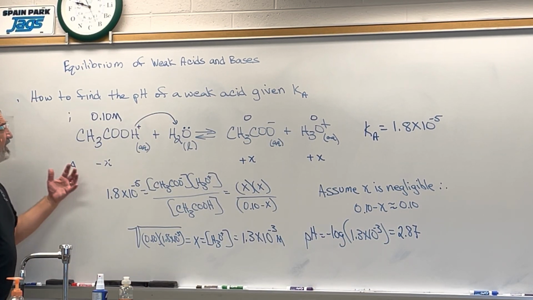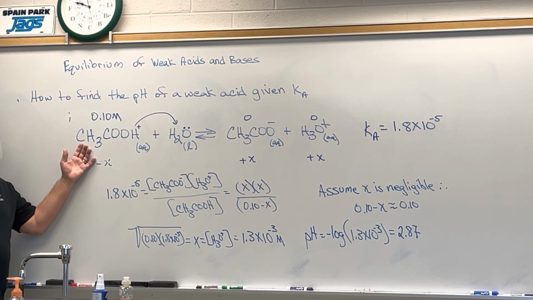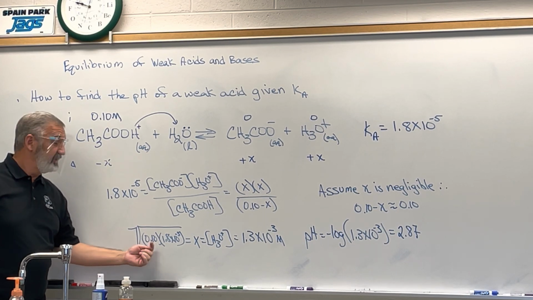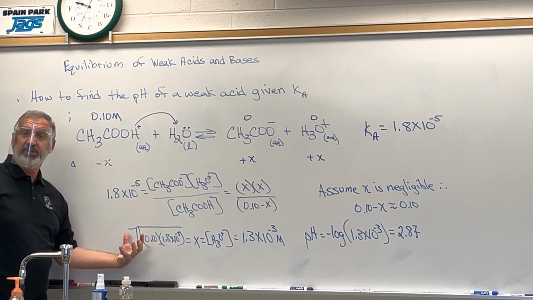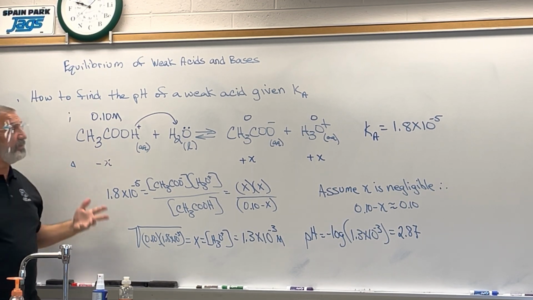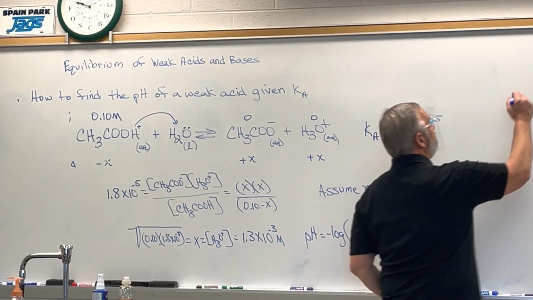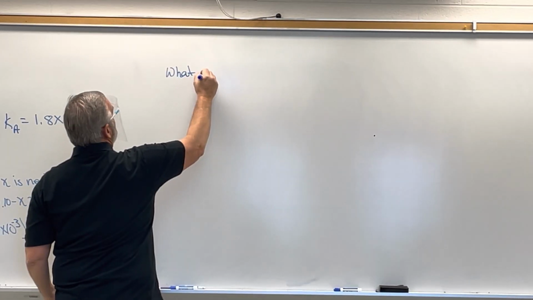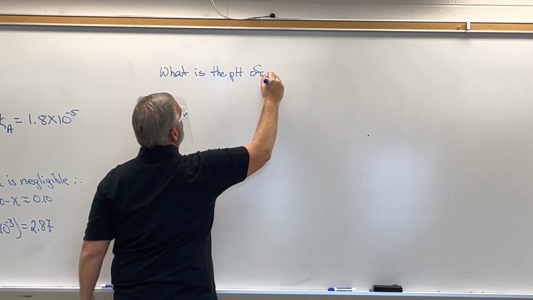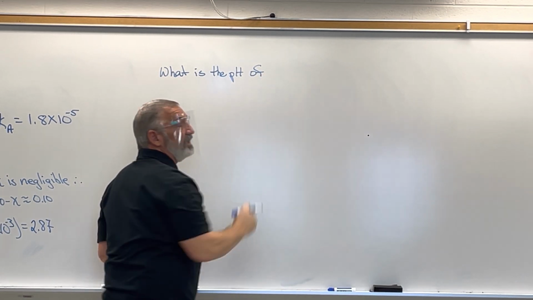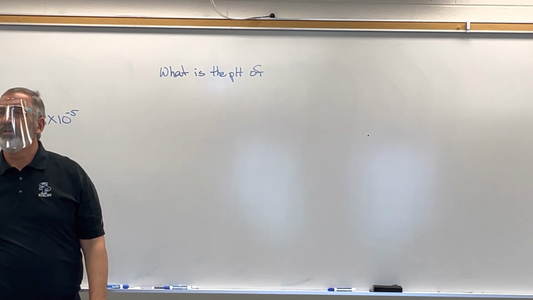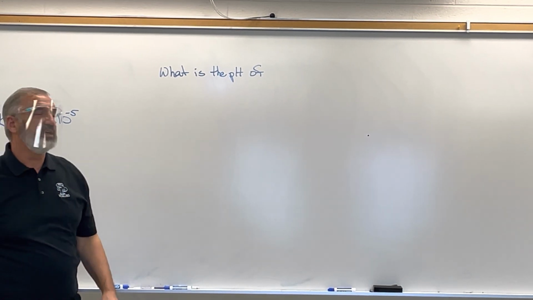All right, so calculating given the Ka, it's always just going to come down to the square root of the initial concentration times the Ka. That is what H3O plus is always going to be. So we plug that in. What is the pH of, pick one, HF?